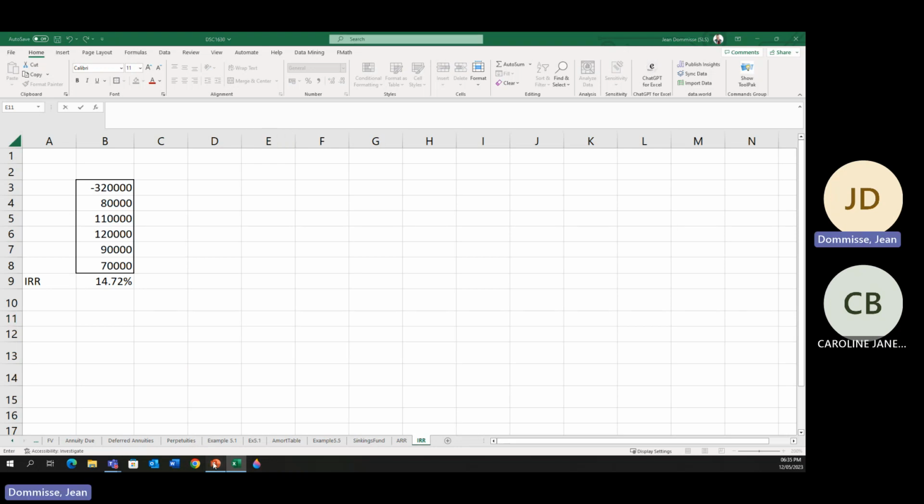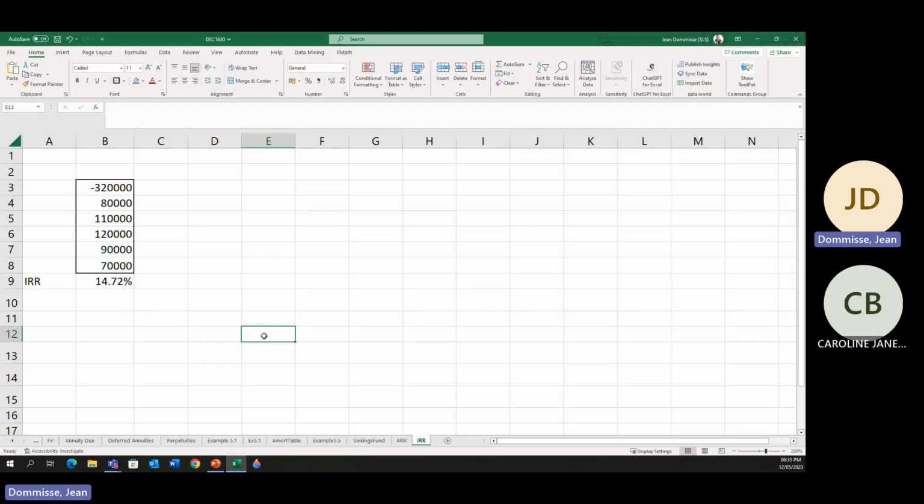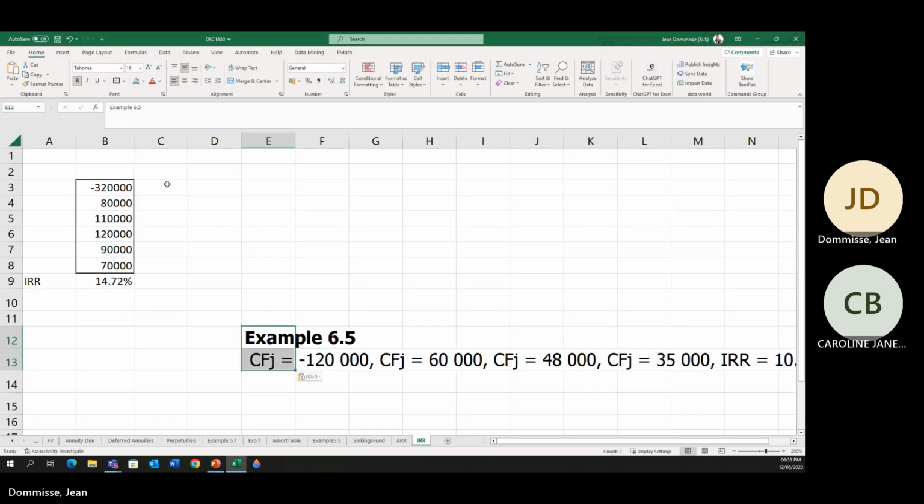the other example, 6.5, as well. So minus 120,000, 60,000.